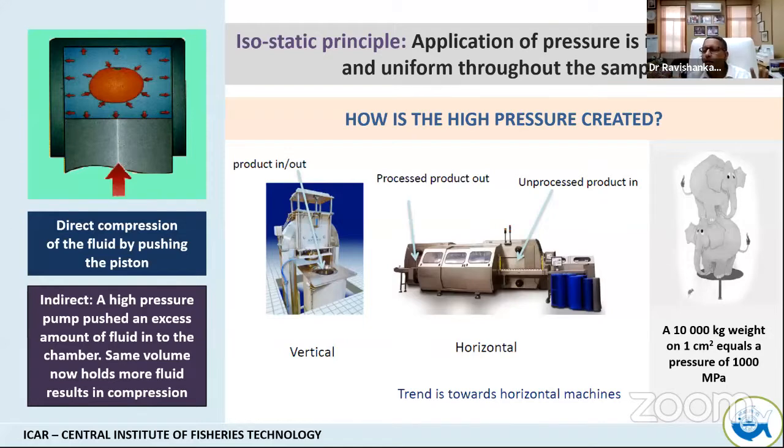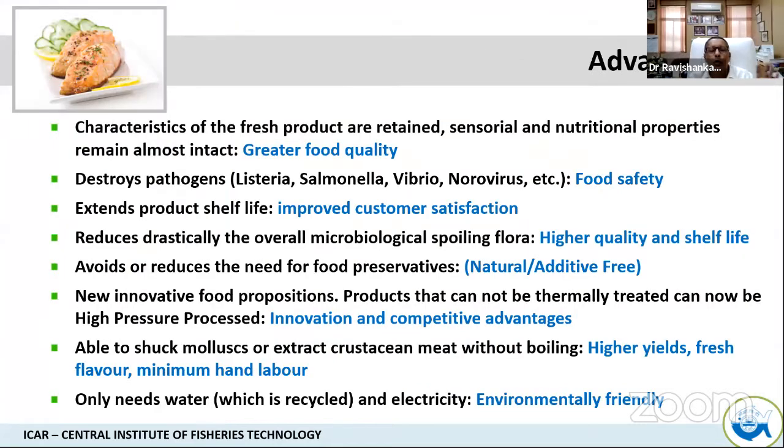Maybe indigenous manufacturers can come up and develop it. Actually, we were working with the IITs. If we can develop cost-effective indigenous machinery, this can be a very, very useful technology. This will give you greater quality and ensure safety. Many advanced countries like Canada are already using this, especially for liquid foods.